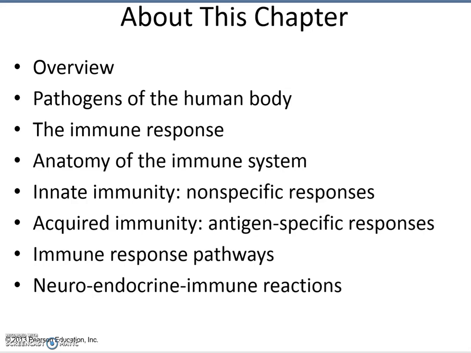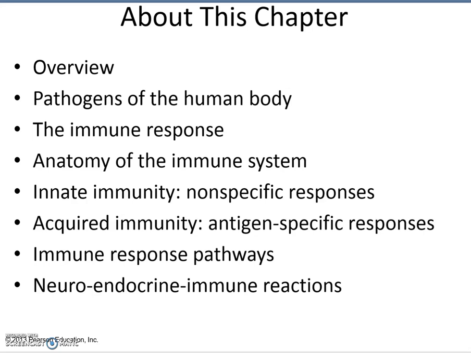We do have an innate immunity. That means just by virtue of being a human being, you have some sort of a resistance against pathogens. It's a non-specific response, and innate means that you're born with it. Then as you go through life, you're going to acquire immunity to pathogens.